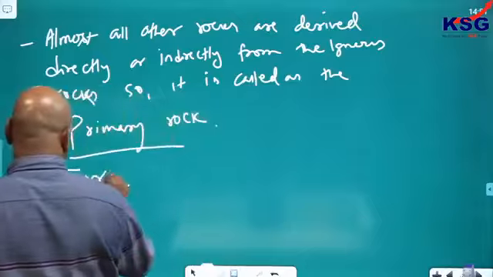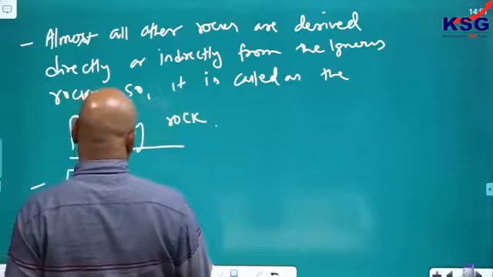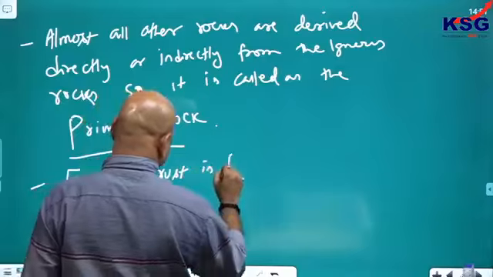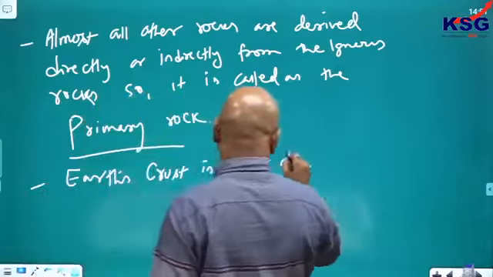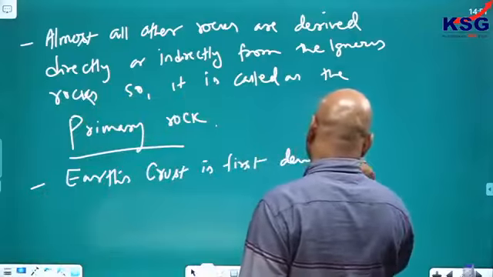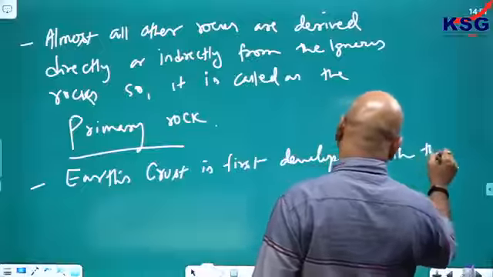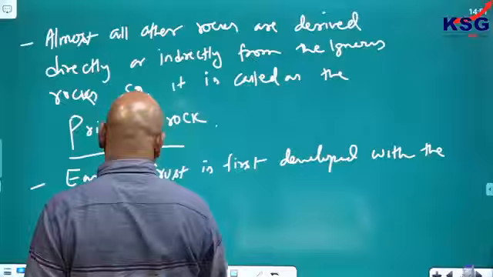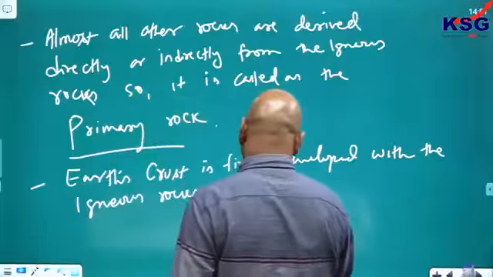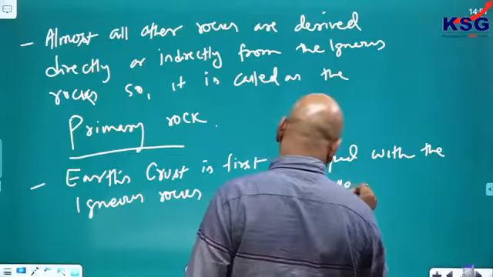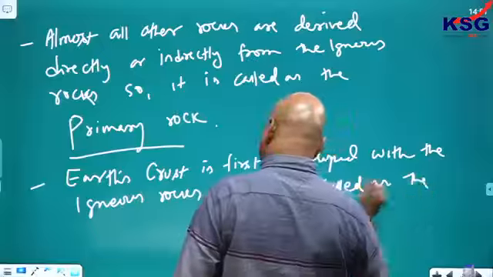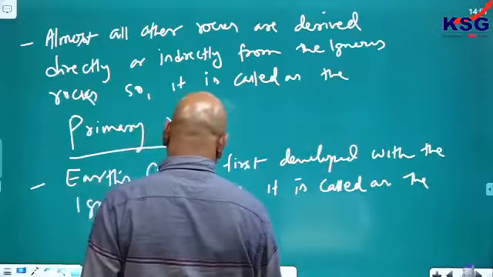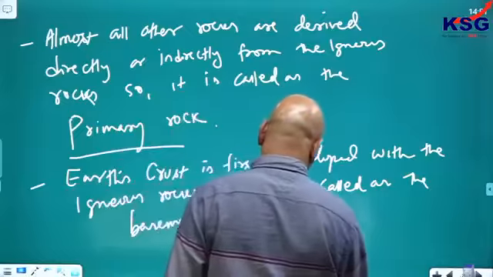The earth's crust is first developed with the igneous rocks. So it is called the basement rock or universal rock.